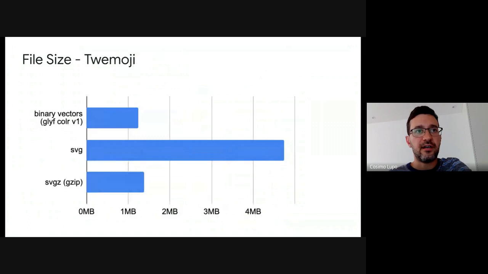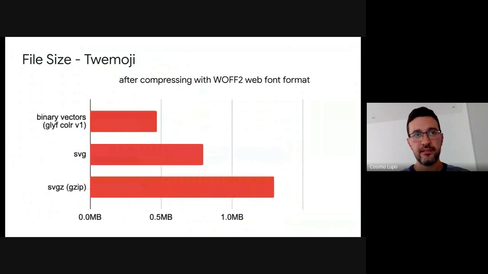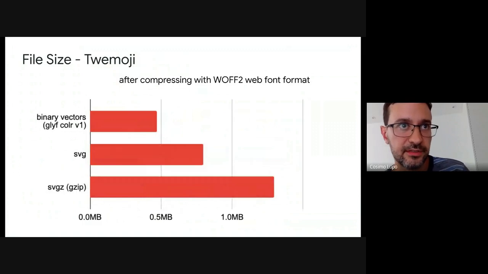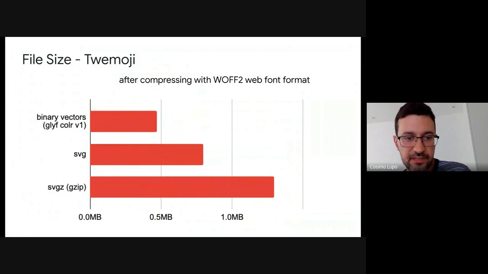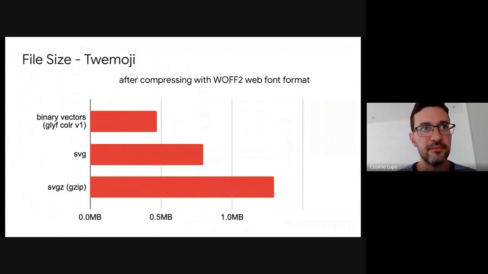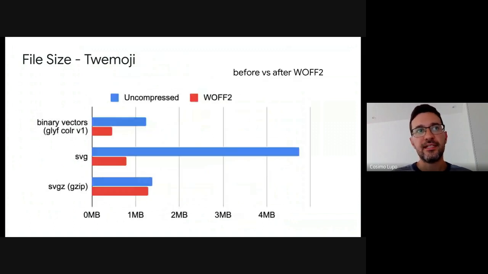So we have 1.2 megabytes for the Color V1, 4.7 for the SVG, and 1.4 for the zipped SVG. And after WOFF2, in the next slide, we are now at 0.5, like half a megabyte, for the Color V1, 0.8 megabytes for the SVG, and I won't even mention the zipped SVG. So basically, next slide.